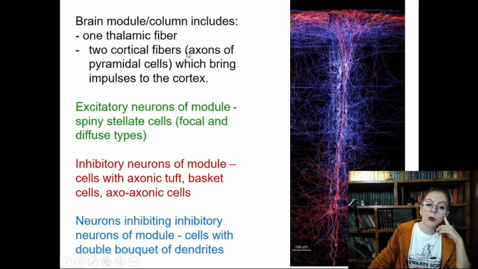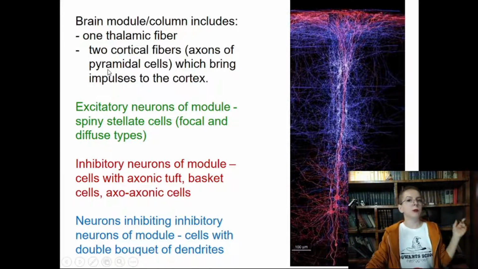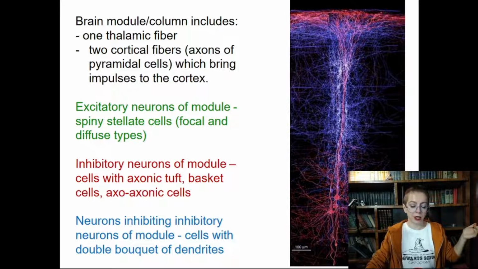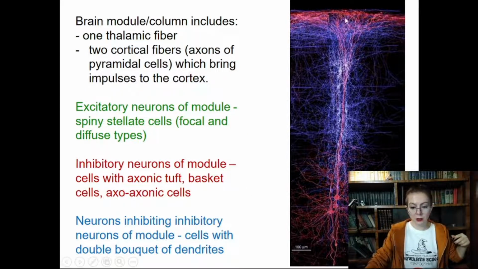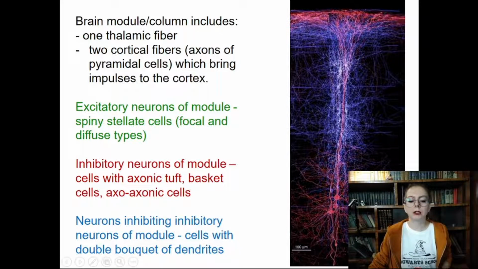Then two cortical fibers accompany it. Cortical fibers are the axons coming from other pyramidal cells, from the same or another hemisphere. So in the center of this cylinder there are two types of fibers, thalamic and cortical. And they bring the information which is to be analyzed.